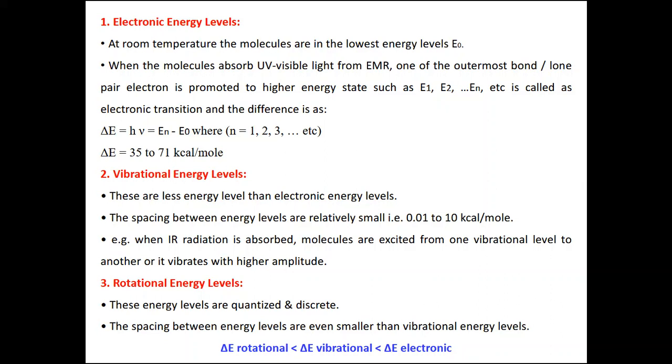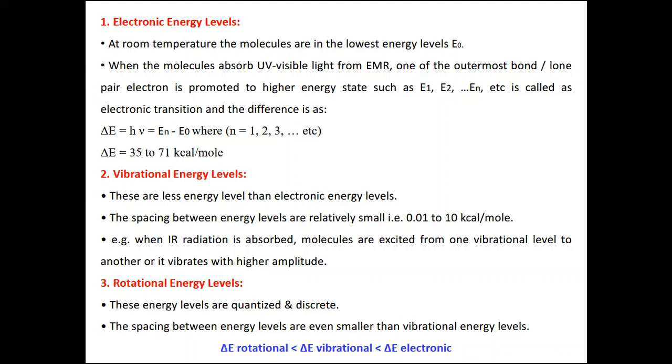The difference is delta E equals h nu, equals En minus E0, where n is 1, 2, 3 and onwards. Delta E for the electronic energy level is around 35 to 71 kilocalories per mole.